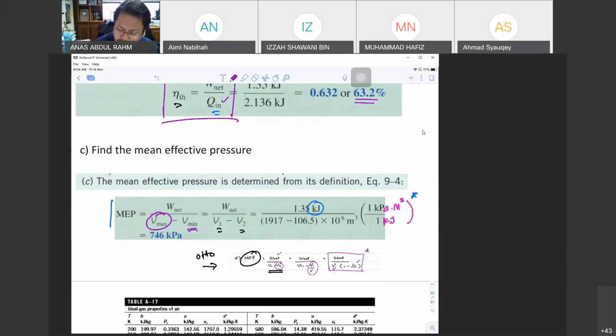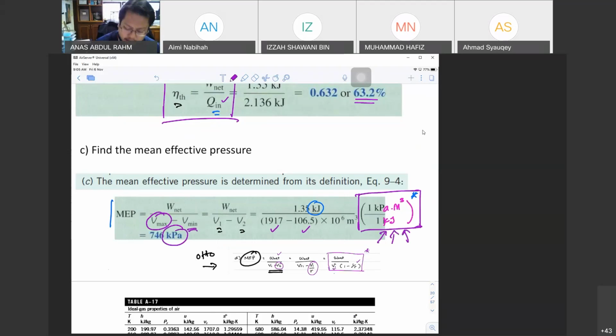So we have V1 and V2 from before. I emphasize the units: always write down the units because you need to do unit conversion, otherwise your final value will be nonsense. You need to do unit conversion in order to cross out the kilojoule.